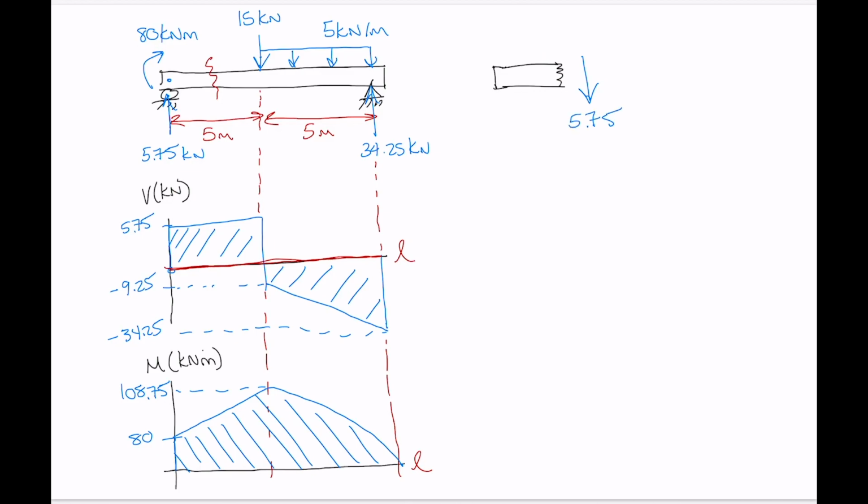It has a value of 5.75, right? Because we trace that position down to the shear diagram and read off the corresponding value, which is positive 5.75. And we'll talk about this in a minute, but a positive value of shear corresponds to an internal shear in that direction.